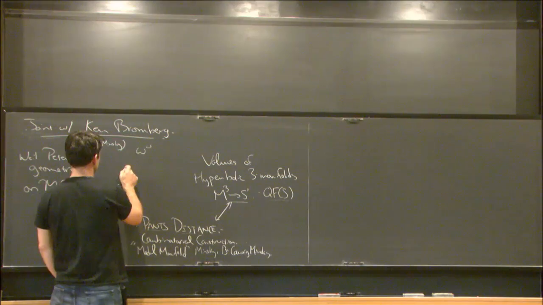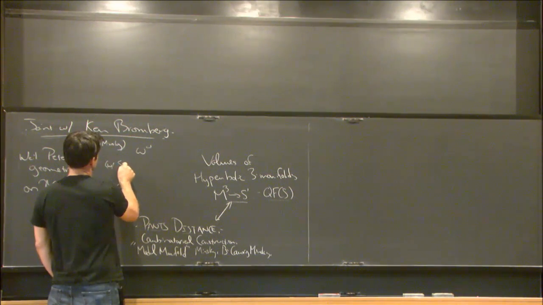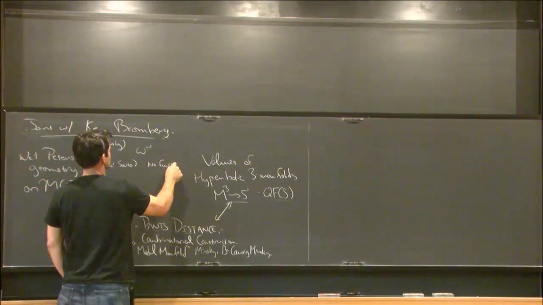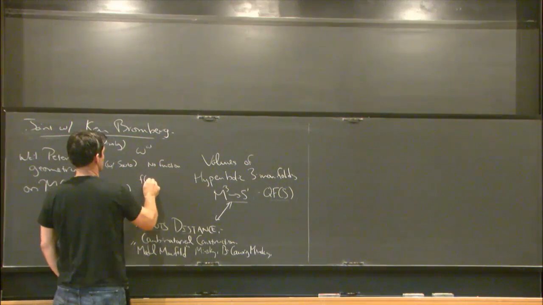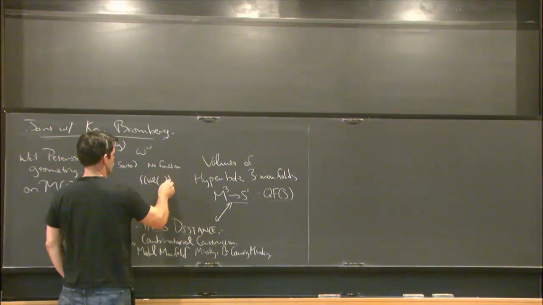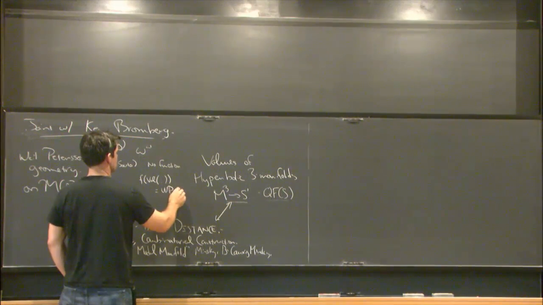So in joint work with Juan Soto, there's no continuous function f for which f of the volume equals the Weil-Petersson translation length.